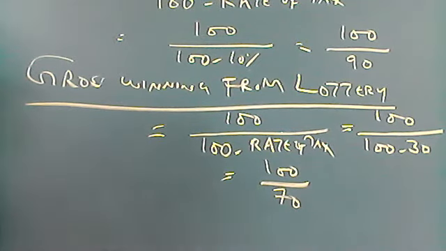And how to calculate net interest? Face value into interest rate. How to calculate gross interest? The formula is 100 by 100 minus rate of tax. That means if it is TDS on interest on security, it is 10%.